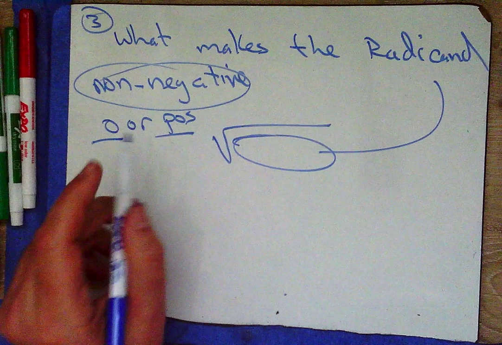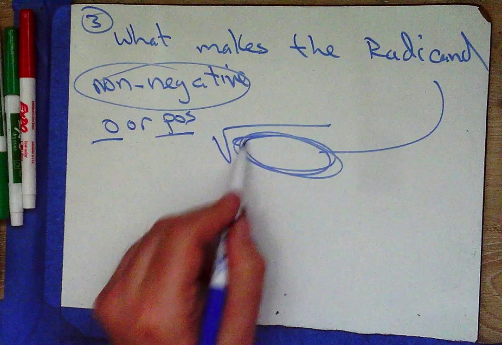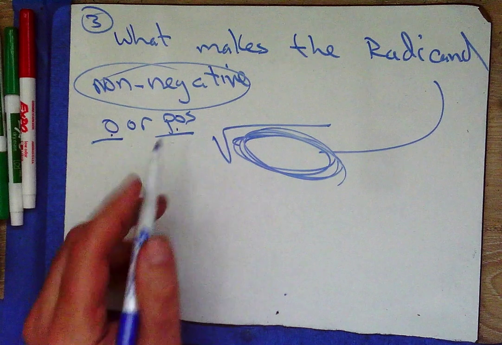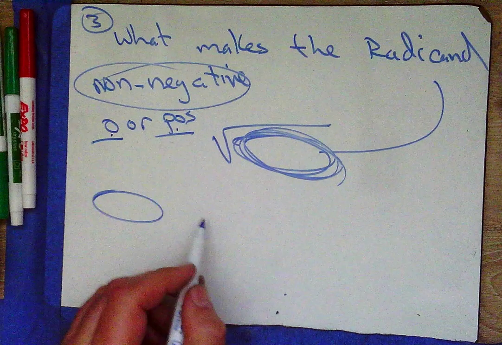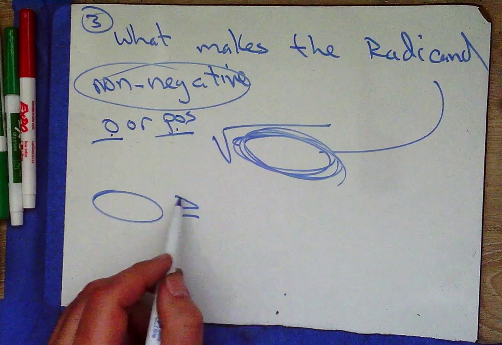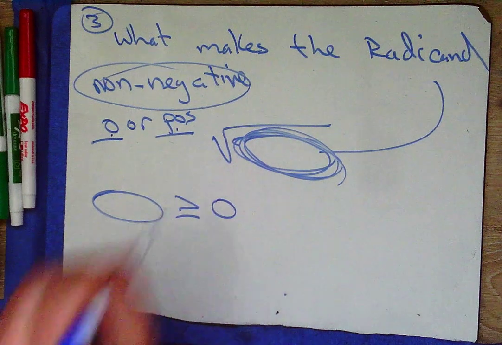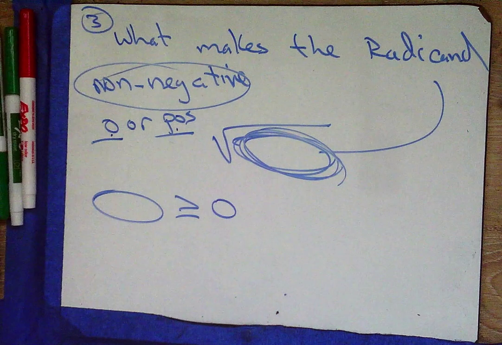Hey, you know what this is? We're wondering when the stuff under the radical is 0 or positive. We're wondering when the stuff under the radical is greater than or equal to 0. This is asking us to do those domain problems again.